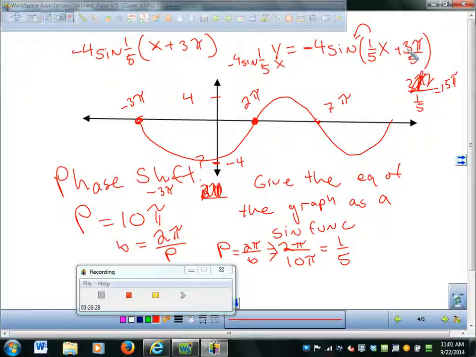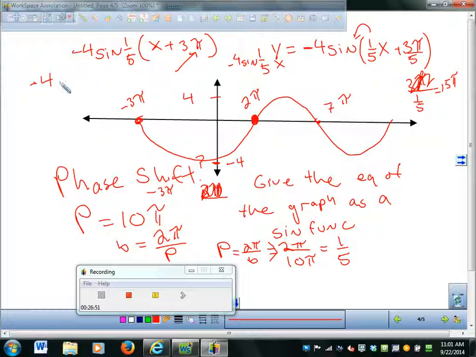You see, two different forms, okay? In this form, it tells you exactly what the phase shift is. In this one, you have to divide by b in order to figure out the phase shift. This could have also been negative 2 pi, which would have given you exactly the same function.